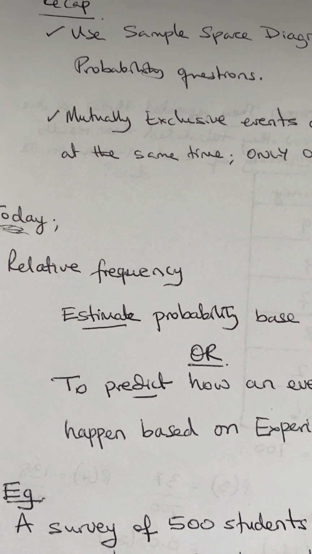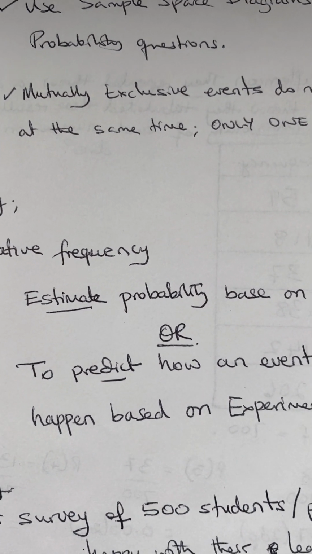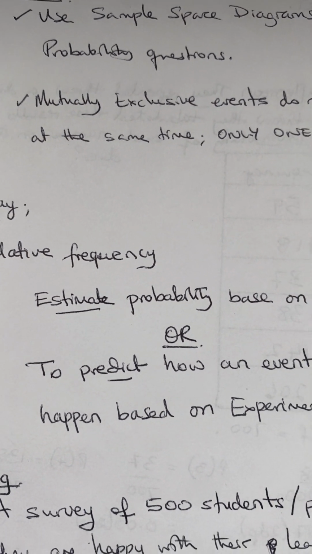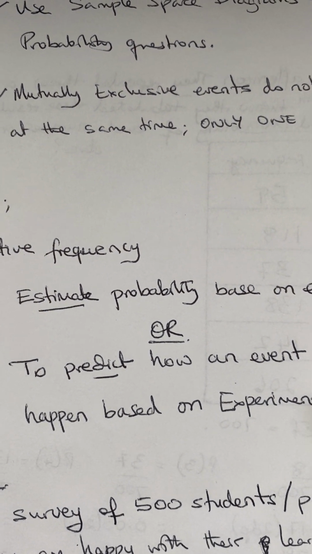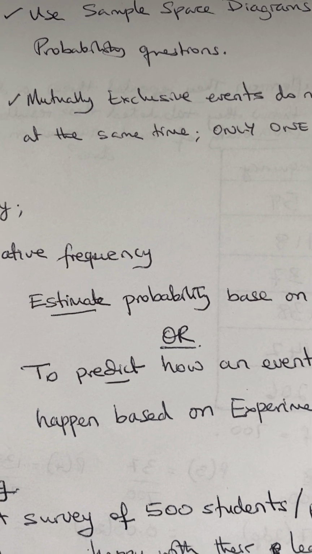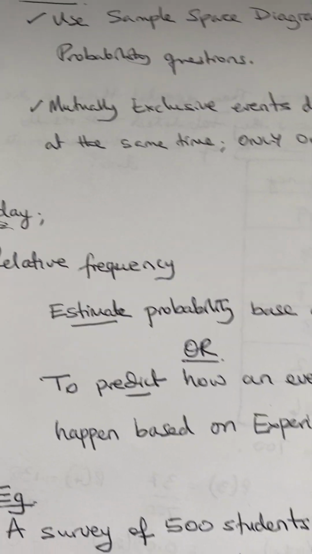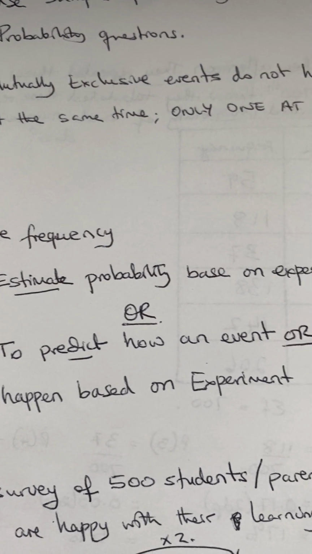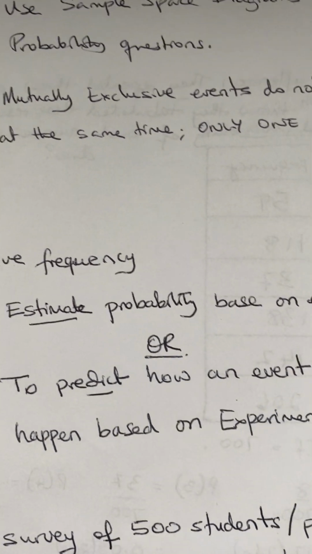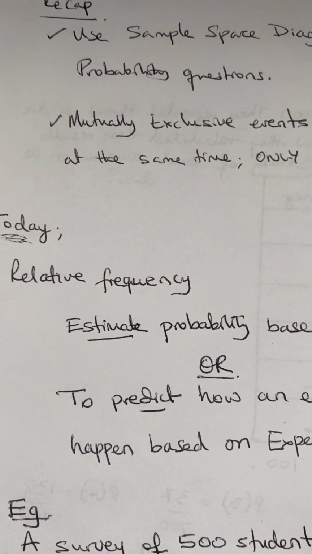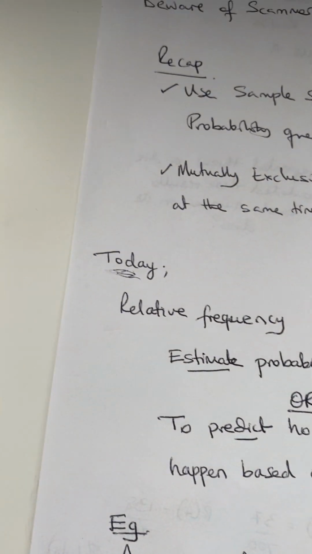That's why at times some of these predictions don't really come true, because the people they are asking might be biased, or maybe they ask more of one party than the other. It's not their fault. It's because those are the people who answered, and that is the result they've got, and that is what they are telling us from what they did.